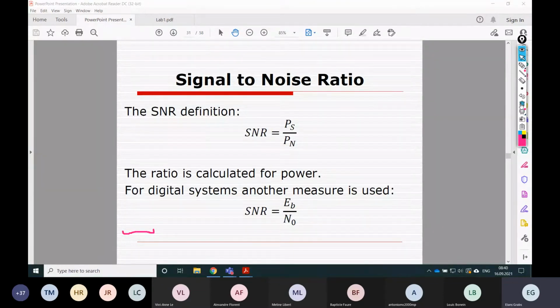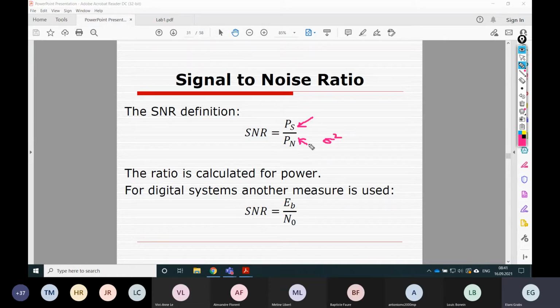However, the signal to noise ratio is calculated as a ratio of two powers, the signal power and the noise power. And this noise power, I will remind you, we already discussed this, is proportional to the variance of the Gaussian process.